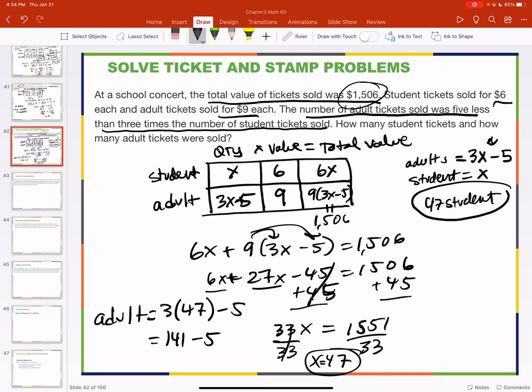Okay, so I'll subtract 5, 136. So we have 136 tickets for adults. So 47 students and 136 adult tickets. All right.